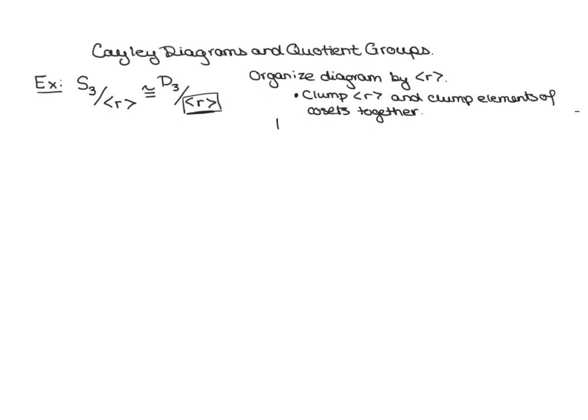Okay, so since the order of D3 is equal to 6 and the order of R is equal to 3, we're only going to have two cosets. So in this case, we're only going to have two of these clumps to worry about. I usually start by writing the elements out in a row and then think about how I can connect them.